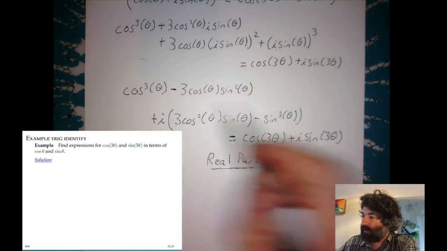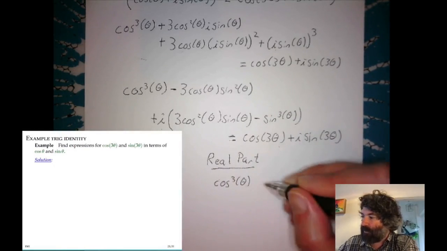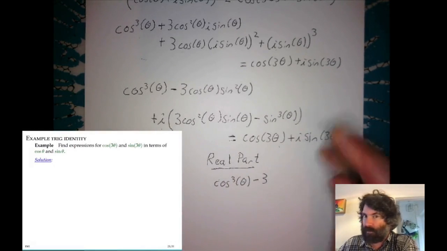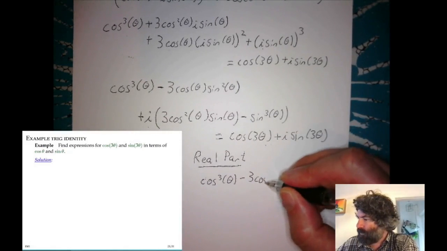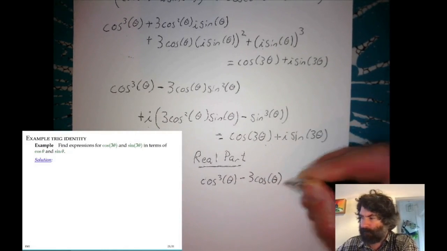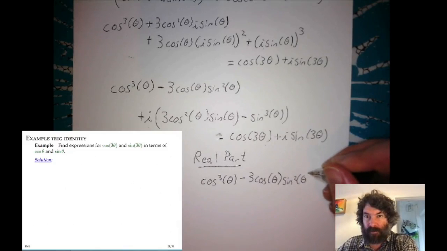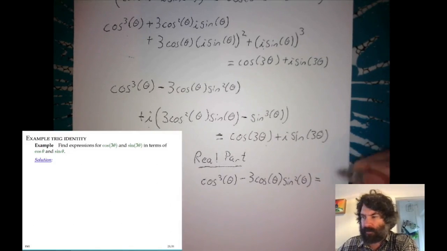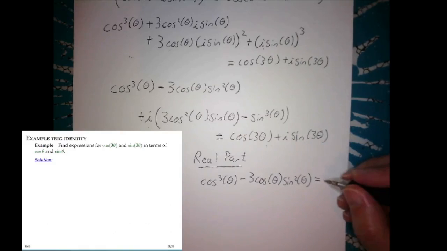You have that cosine cubed of theta minus 3 cosine of theta sine squared of theta equals cosine of 3 theta.